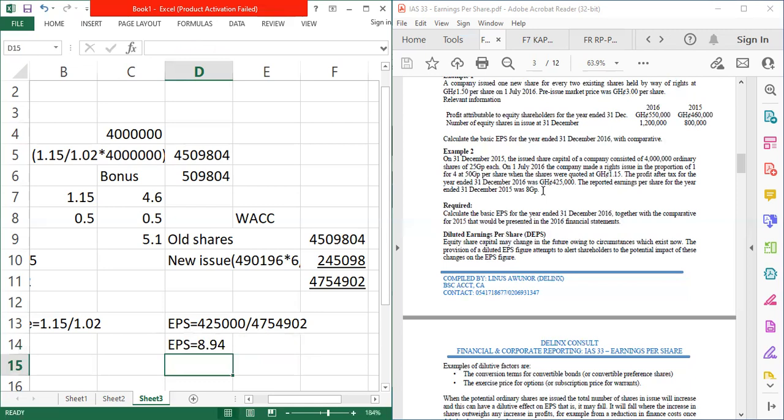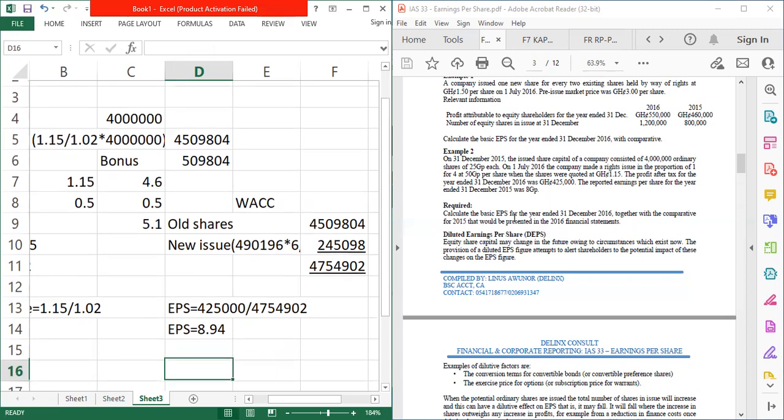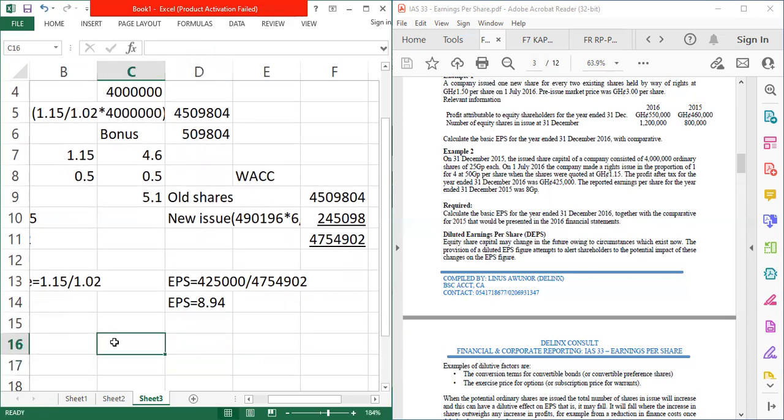Okay, so what we have to do, they say we should do comparative. So it means that we have to come to the earnings per share calculated for 2015 and restate it, taking into consideration the bonus issue. So we take the figure that we have over there, which is 8.94p, multiplied by the reciprocal of the rights issue fraction, which will be 1.02 divided by 1.15.